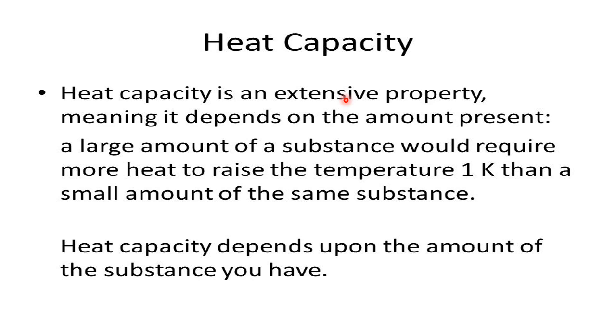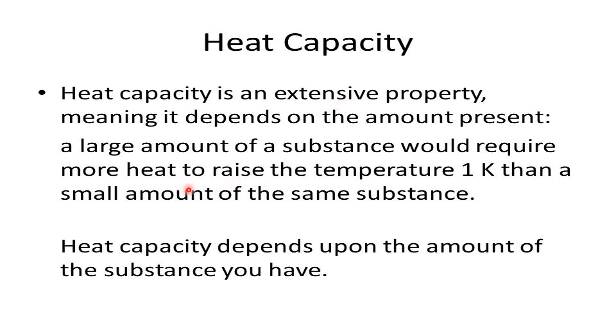Now I want to increase the temperature of the 1 kilogram and 10 kilogram iron by 1 degree centigrade. Do I require the same heat? No. That means heat capacity depends upon the amount. So to increase the temperature of 10 kilogram of iron, I require more heat. That is what you want to convey here. Therefore, heat capacity depends upon the amount, and so it is an extensive property.